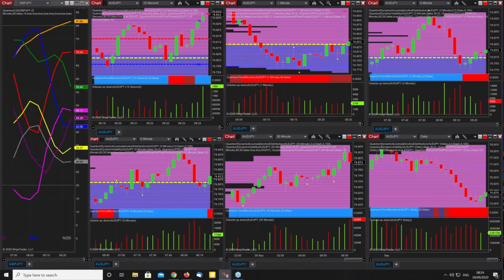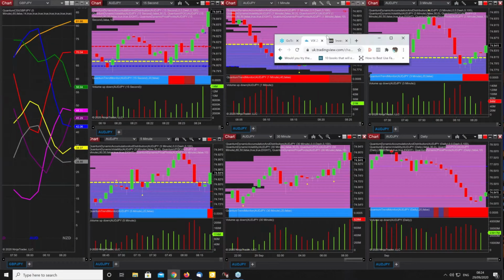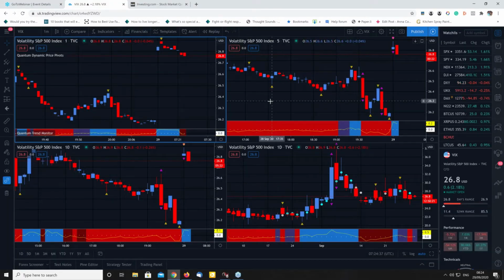And the reason I was focused on sentiment, pulling the VIX across, which will just pop up full size here, is because what we saw initially was this gap. We started off at 26.2, we spiked up to 26.8. That is the reason that we are seeing the current sentiment, certainly from a faster time frame at any rate, shift from risk on to risk off.